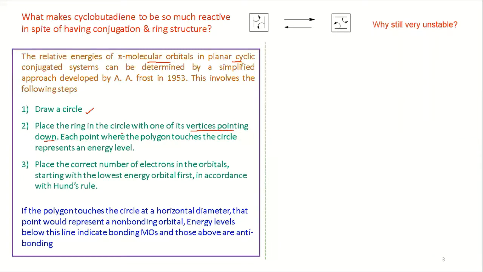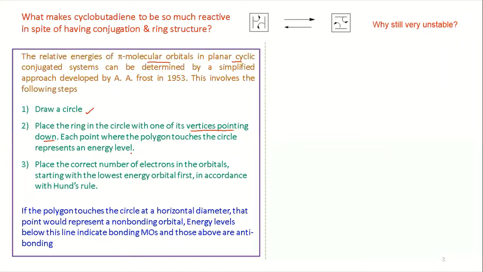Each corner point of this polygon has to touch the circumference of the circle, and where it touches, that point represents an energy level.